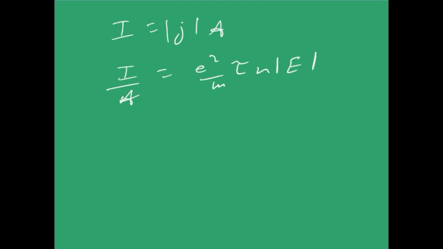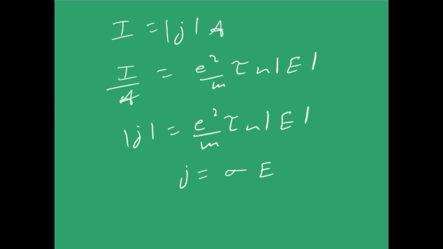Now from these two equations I can write this one, right? e square by m tau n mod E. Now this appears similar to me because in Ohm's law I wrote J is equal to sigma E. This is something similar to this, right? Observe the similarity. What can we infer from this?